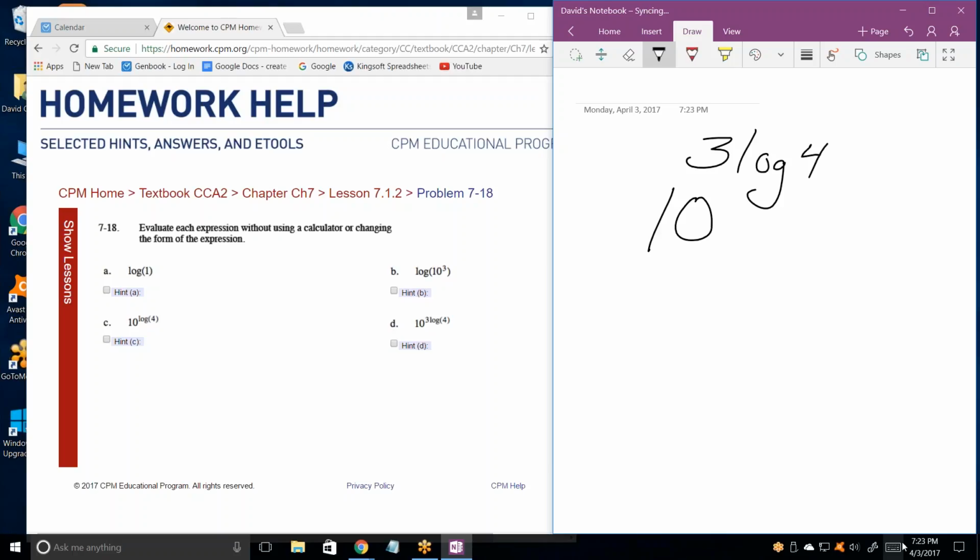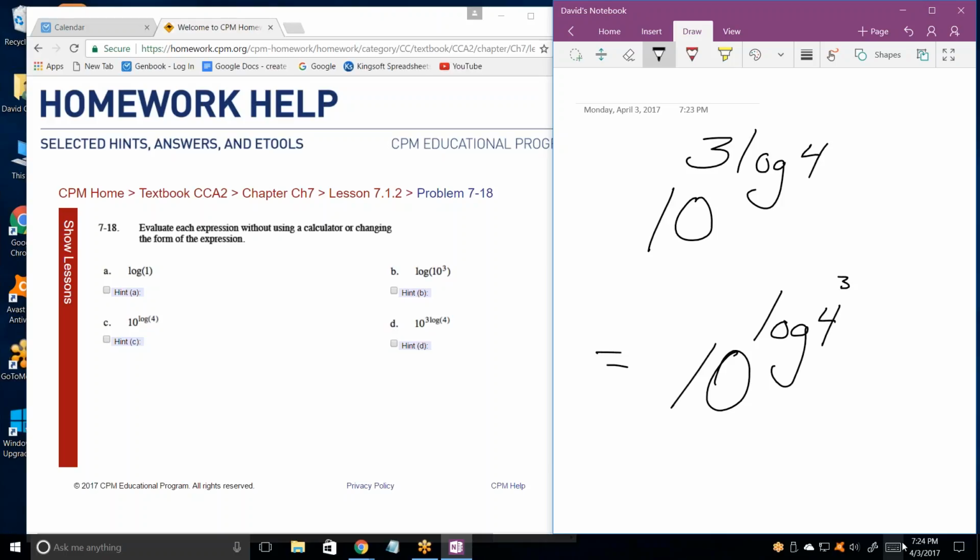Now, this one, it's useful to do something with that 3 other than leave it where it is. What should I do with it? When you have a leading coefficient in front of a log expression, that coefficient can become an exponent, like that.